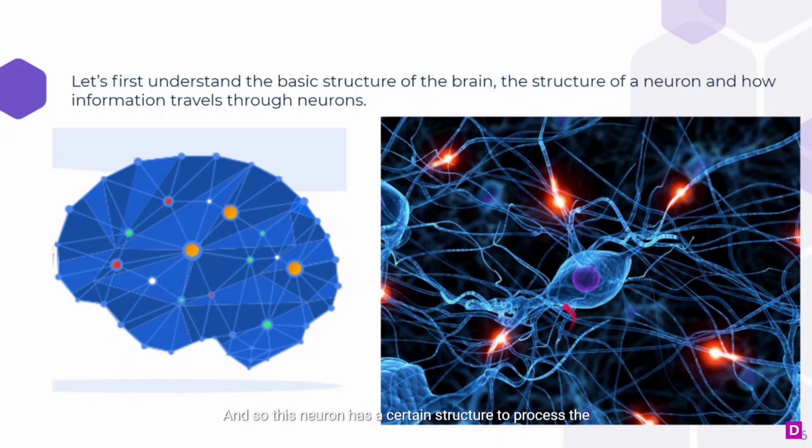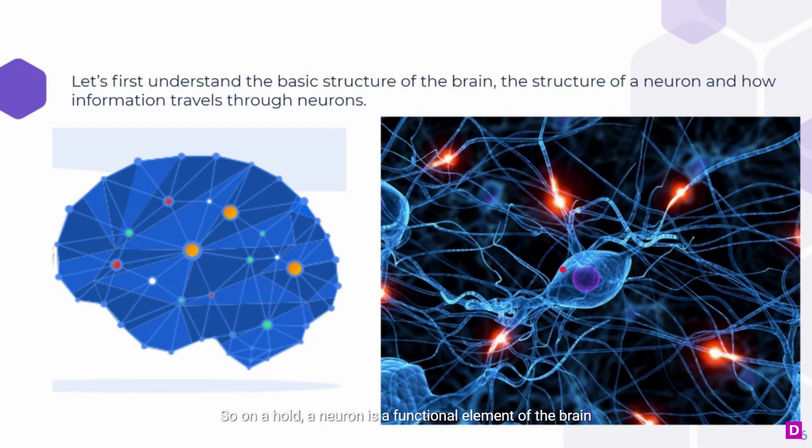This neuron has a certain structure to process the electrical signals coming from the input, and retain certain information, which we call memory, then activate certain signals or pass on the information to other neurons through the output end.